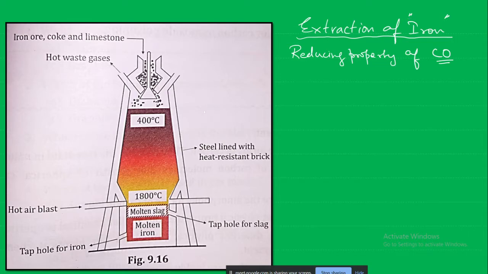So here in the diagram what you are seeing is the design of a blast furnace. So when we say blast furnace, something has to blast. What is blasting here?